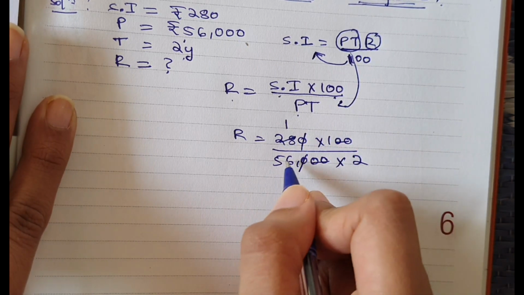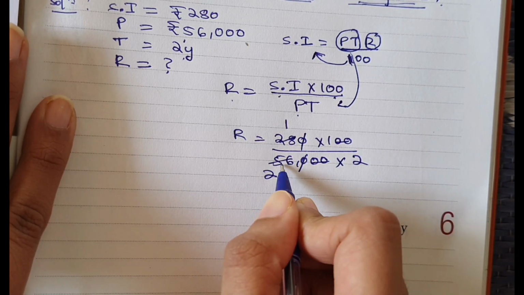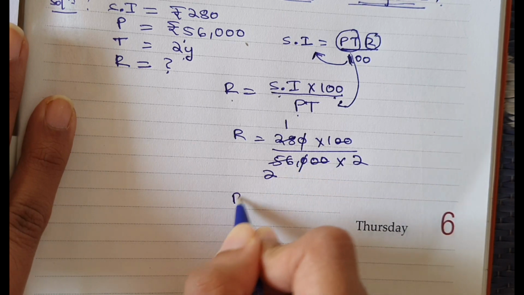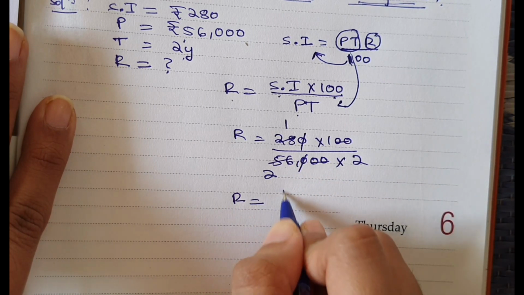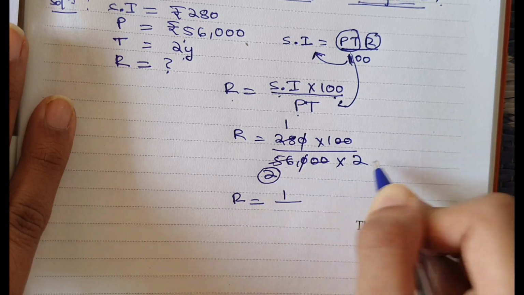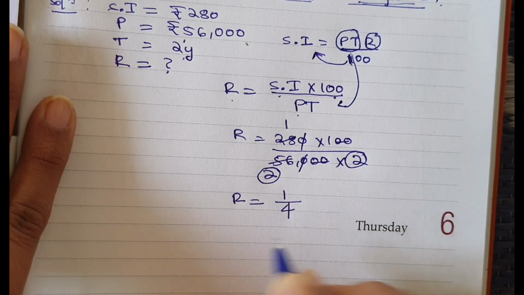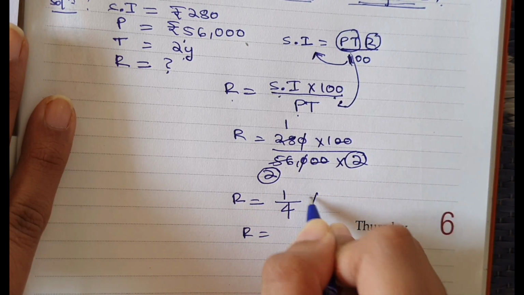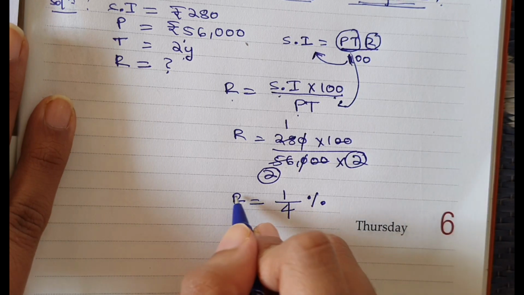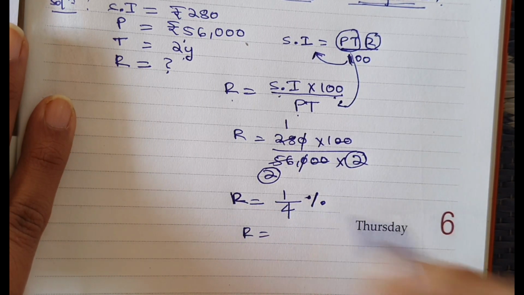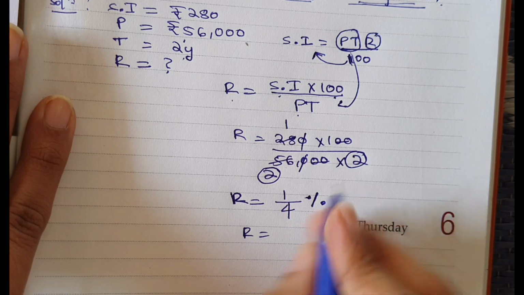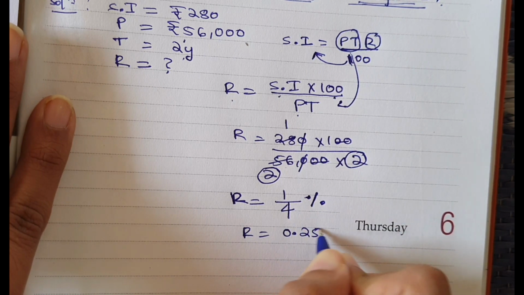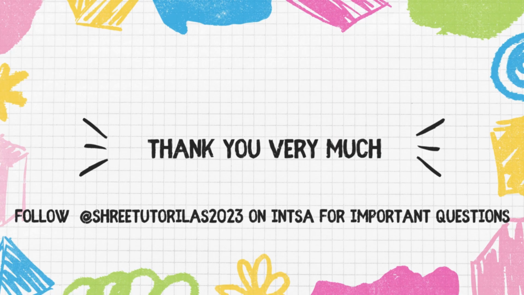Now 28 ones are 28, 28 twos are 56. Now we got R is equal to 1 divided by 2 into 2. 2 into 2 is 4. So R is equal to, this is in the form of a percentage rate. So this will be in the form of percentage. 1 divided by 4 is nothing but 0.25 percent. 0.25 percent is the answer.